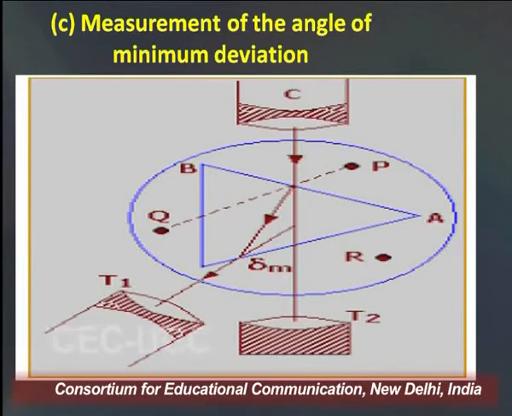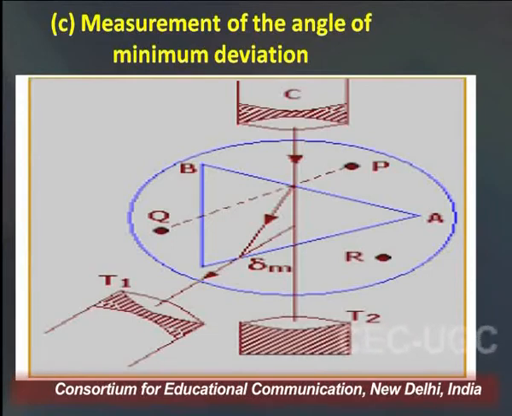Then to get the angle of minimum deviation in the experiment, after getting the spectrum, we rotate the prism table in such a manner that the spectrum will go and come back to the same position. Then we start to take the reading. So these are the two positions. What are the steps?